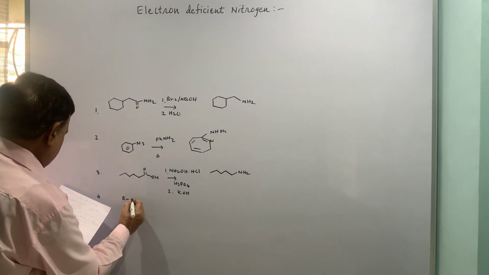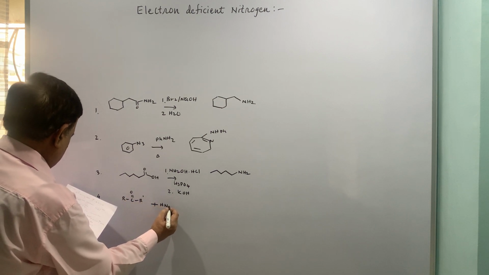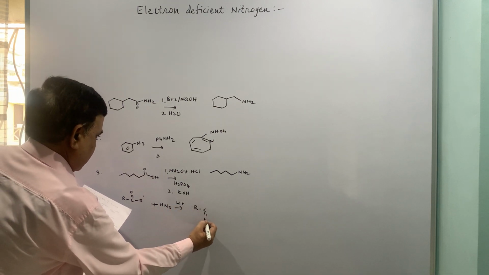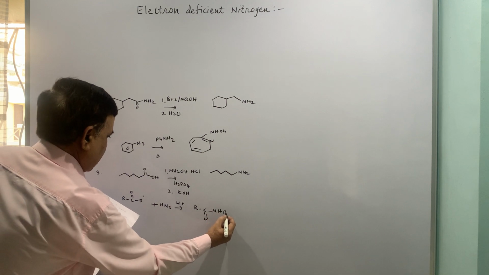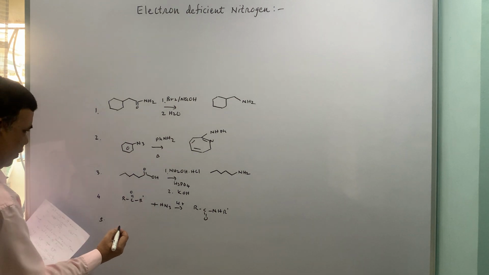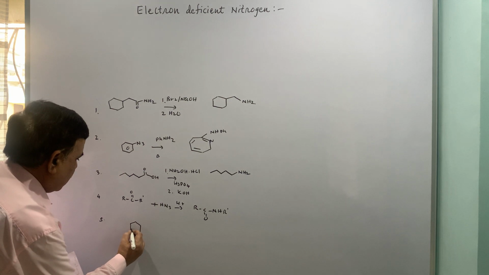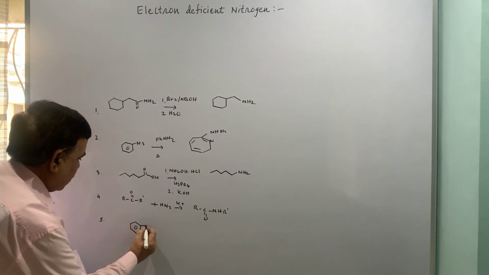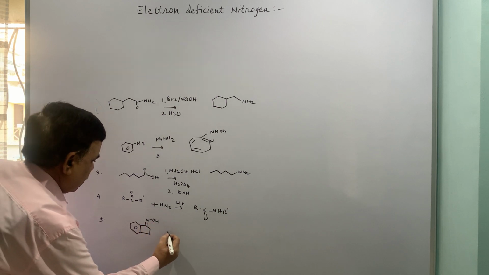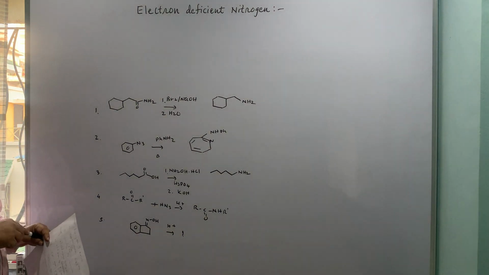I am putting some different example here. R dash, HN3, H plus, R, CO, NH, R dash, and one more I am putting, wherein you have to predict the product and write down the mechanism.